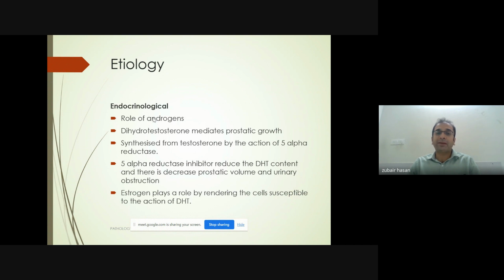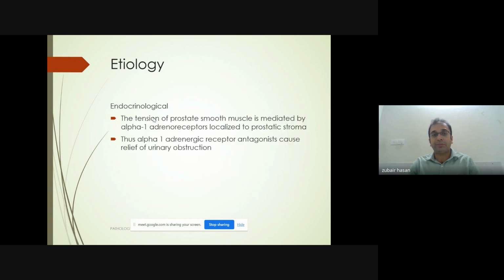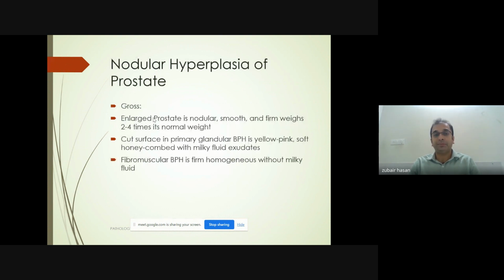Estrogen plays a role by rendering the cells susceptible to the action of dihydrotestosterone. The tension of the prostate smooth muscle is mediated by alpha-1 adrenoreceptors localized to prostatic stroma. Thus, alpha-1 adrenergic receptor antagonists cause relief of urinary obstruction.